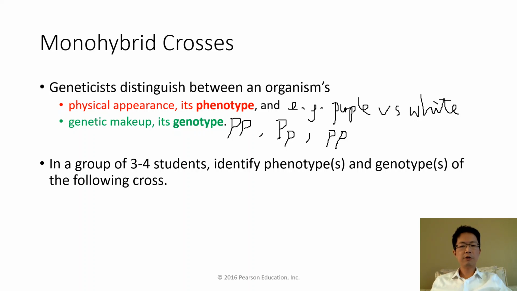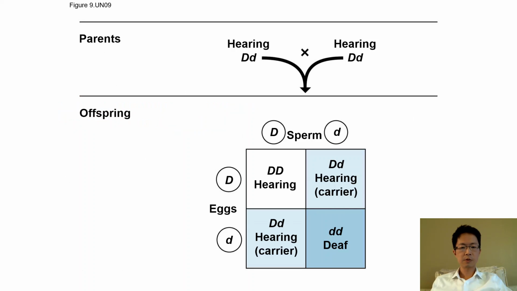So for the next slide, I want you to identify the phenotype and genotype. Here, you have a parent that is heterozygous dominant. So one parent is heterozygous dominant with big D, small d.